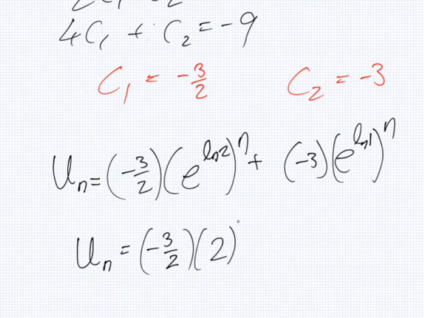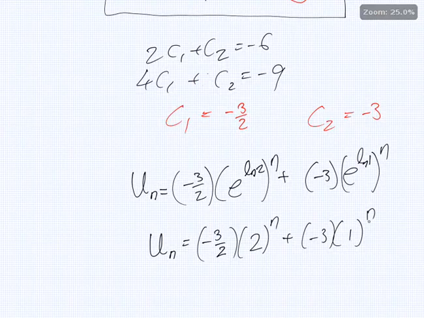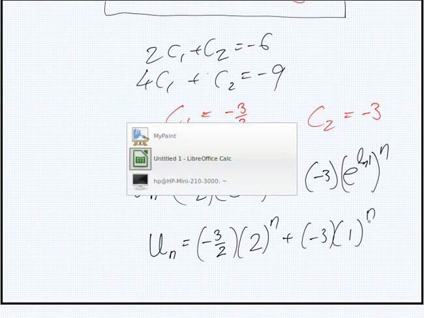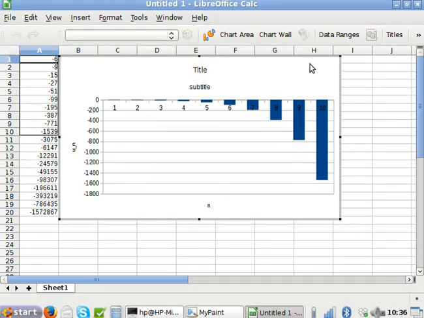So e and logs cancel. So can you see why it doesn't matter if it was negative? Because it's going to cancel with the e anyways. So even if this was negative 2, it doesn't matter. The log is now gone. So minus 6 equals 2C1 plus C2. This is my first equation.